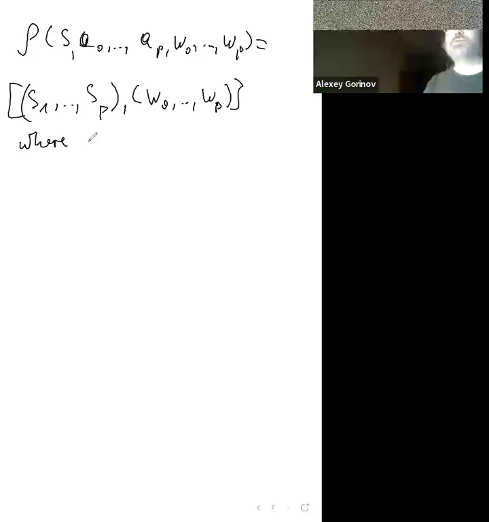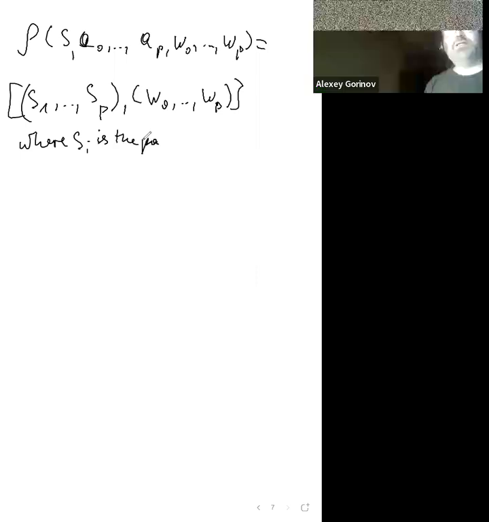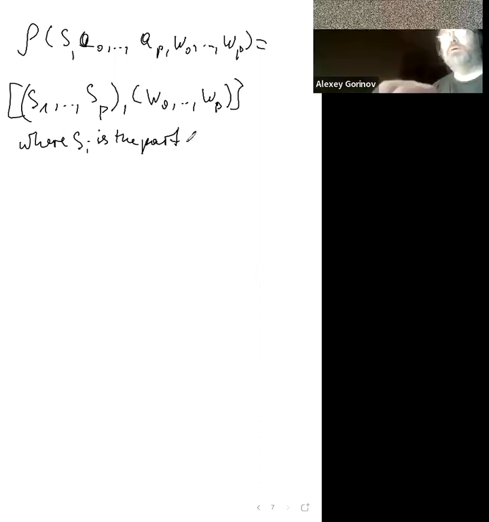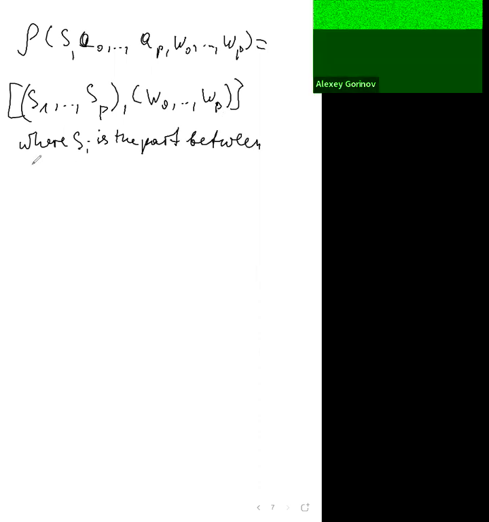Where SI is between the slice at I, sorry, AI minus 1 and S of AI.